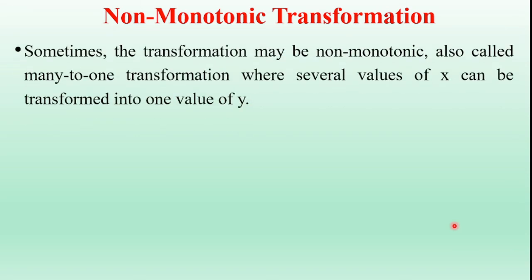The non-monotonic transformation is also called many-to-one transformation. Sometimes the transformation may be non-monotonic, also called many-to-one transformation. That means several values of x can be transformed into only one value of y.